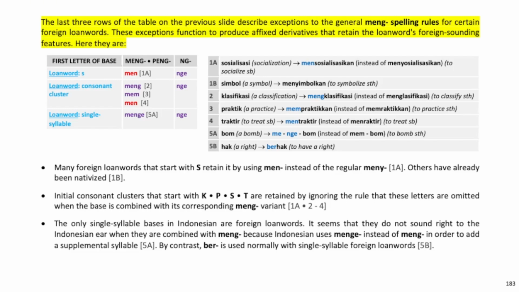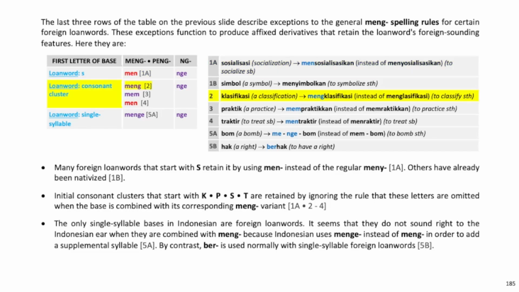Here they are. So when the first letter of the loanword base is an S, it combines with men instead of meny replacing the S. So in example 1a, you have sosialisasi, and it becomes mensosialisasikan instead of menyosialisasikan, to socialize someone.